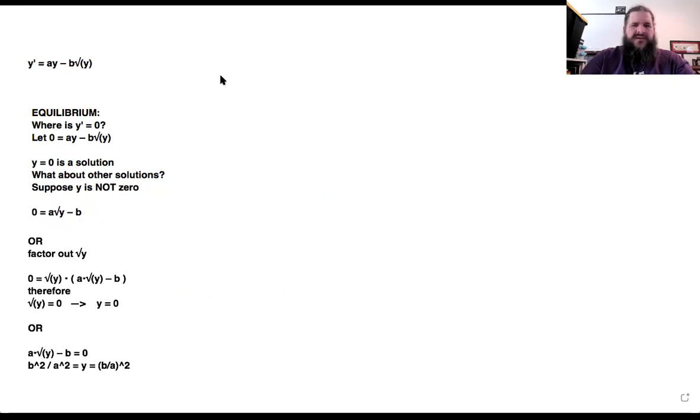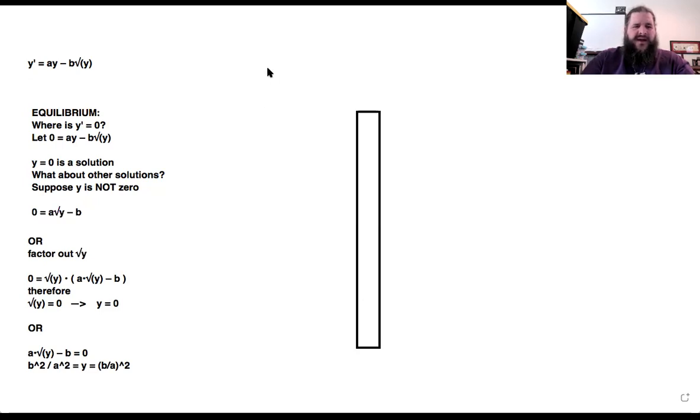We know that, and we could set up a phase line here. If we just imagine this is a single cross section of the direction field, we know we have important values at 0 and b over a.